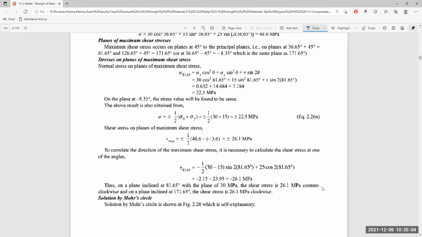If you put in the respective values and calculate, it will become 22.5 MPa. Now on the plane at minus 8.35, the stress will be found to be the same.